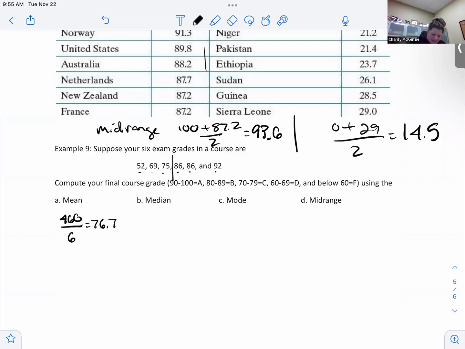So I got 75 plus 86 divided by 2. So there was an even amount. I get 80.5. Okay, the mode, the most common one is 86. It's the only one that repeats. Mid-range, lowest plus highest divided by 2. So 52 plus 92 divided by 2 is a 72.